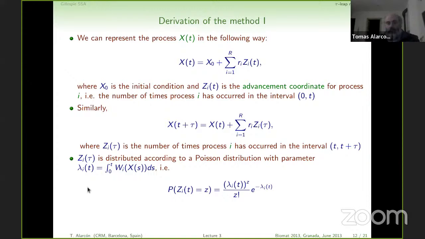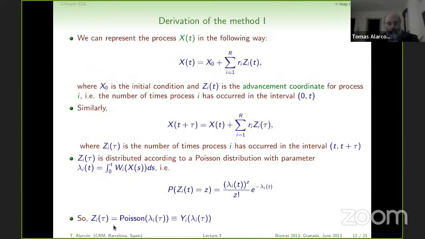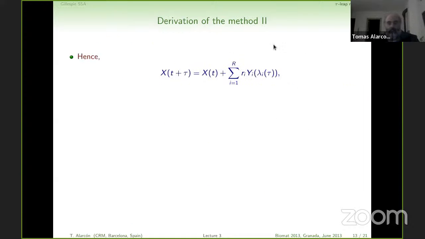It's something that depends on the state of the system. So we have that this is like this. Now, to make it explicit that this Poisson distribution depends on something that is depending on time, we are going to use this notation here. So we can write this equation in this way.